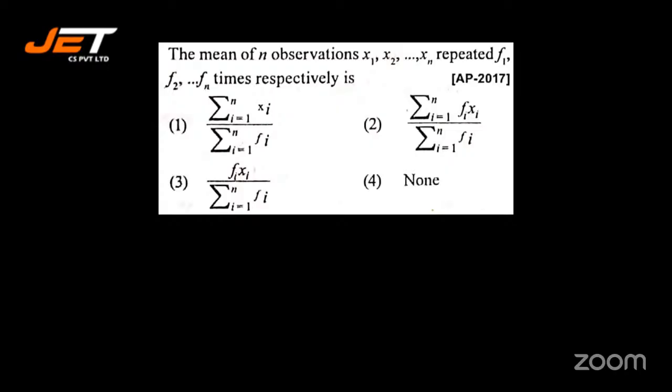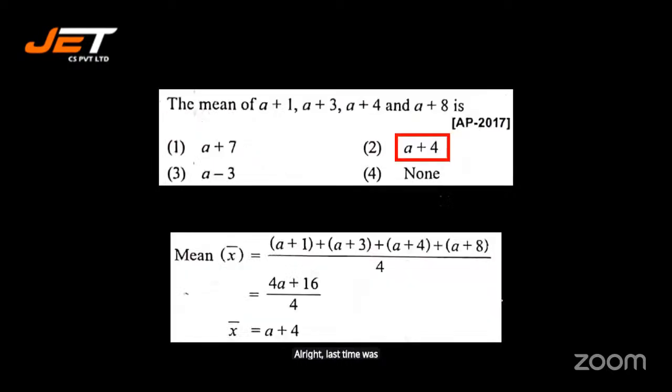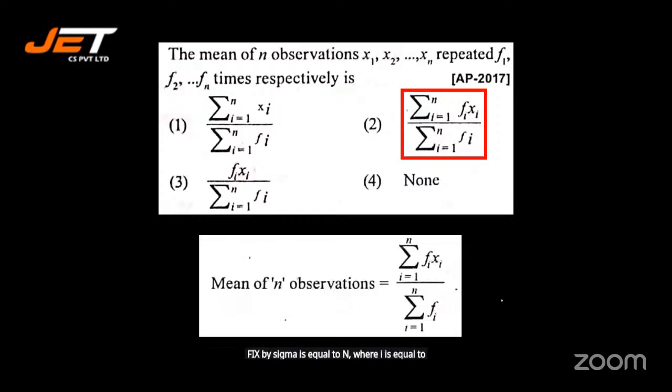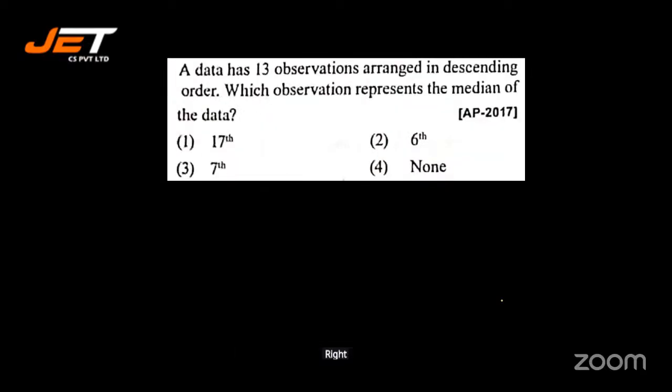Is it sigma i equal to 1 xi fi, or fi xi, or fi? All right, enough time was given, and the answer is sigma i equal to 1 to n of fi xi by sigma i equal to 1 to n of fi. Right? Yes. See the next question.